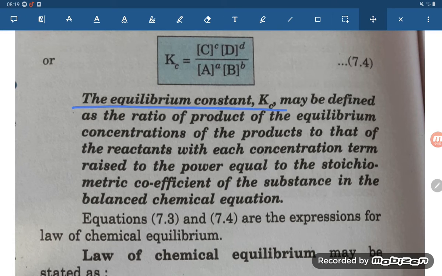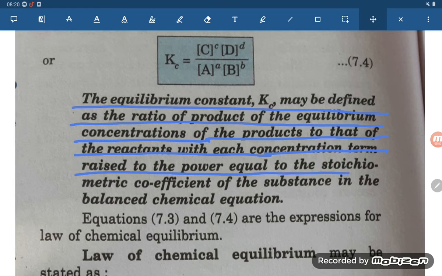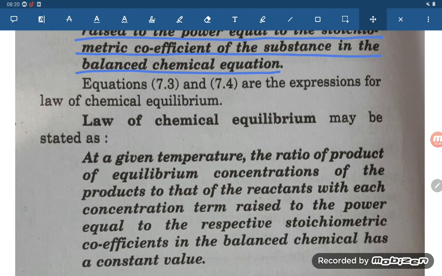So now students, how can you define the equilibrium constant? The equilibrium constant Kc may be defined as the ratio of the product of the equilibrium concentrations of the products to that of the reactants, with each concentration term raised to the power equal to the stoichiometric coefficient of the substance in the balanced chemical equation. Equations 7.3 and 7.4 are the expressions for the law of chemical equilibrium.